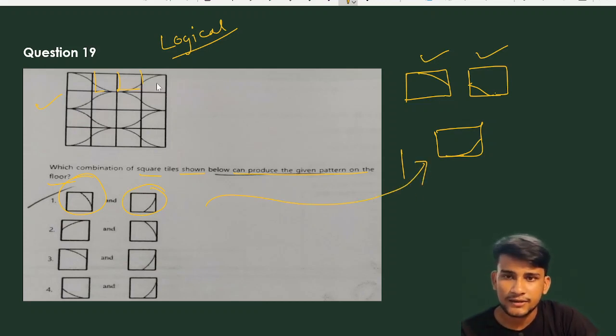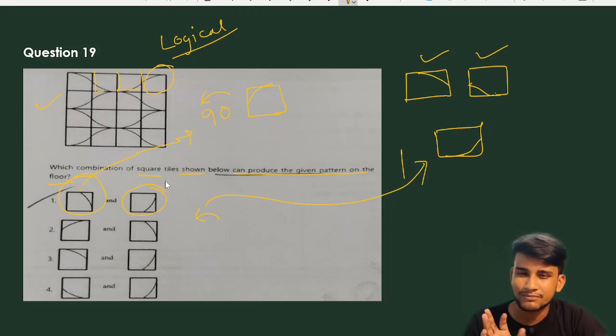And the other one: if we rotate this by 90 degrees left, that is 90 degrees anti-clockwise, then we get this type of tiles. And the others are made by these two tiles.